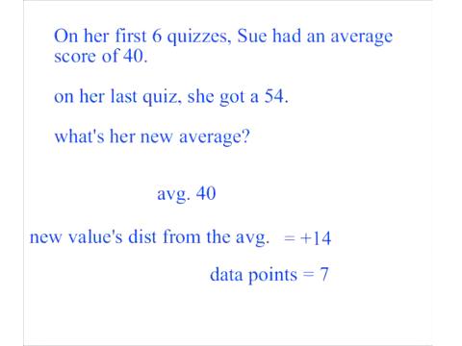Then that means that the change to the average is going to be plus 2. So this is an ugly looking formula if we want to make it a formula, but you're basically saying a new value's distance from the average divided by the number of data points shows you the amount that it's actually going to move.